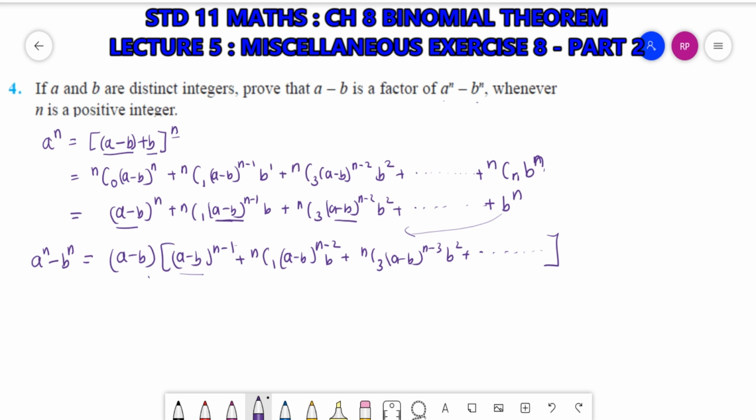Now see, a raised to n minus b raised to n is equal to this term where a minus b is a factor. Hence a minus b is a factor of a raised to n minus b raised to n. So this was about question number 4.